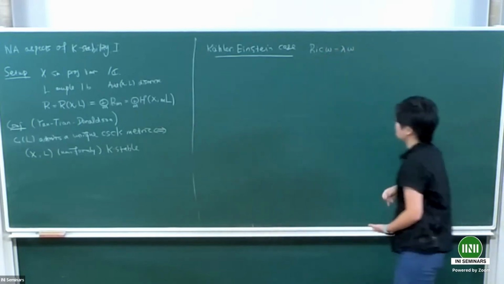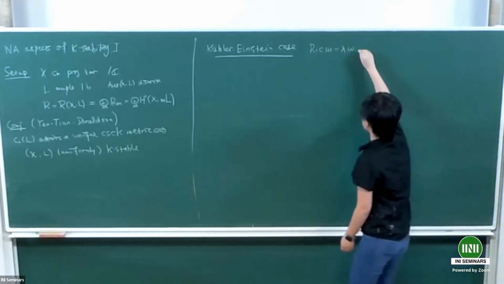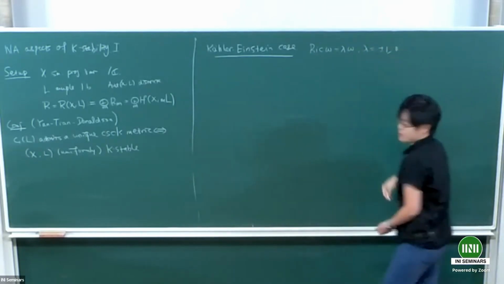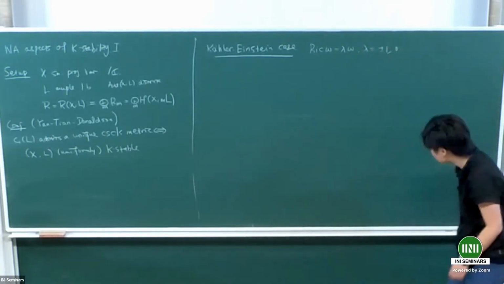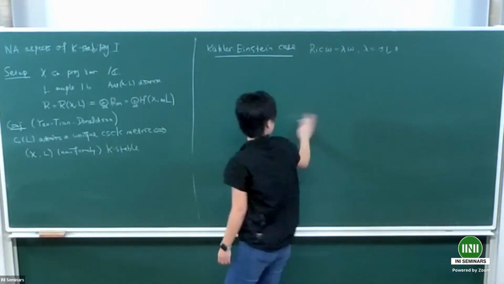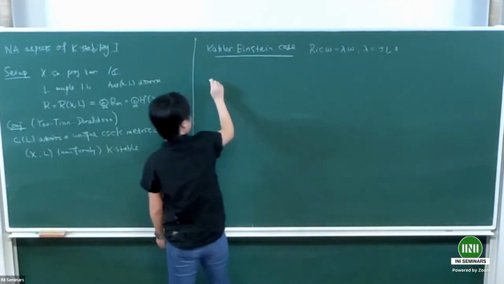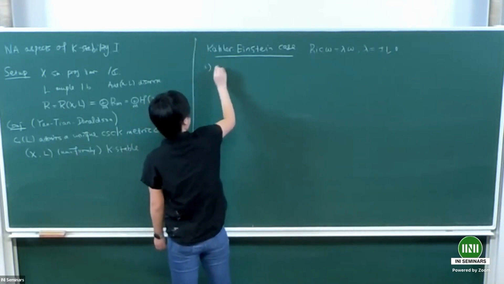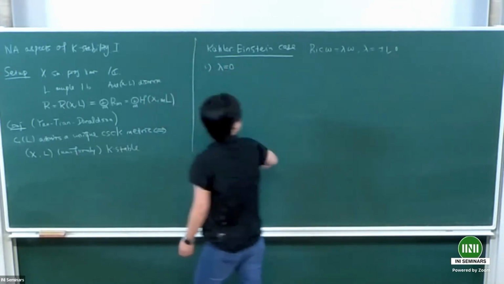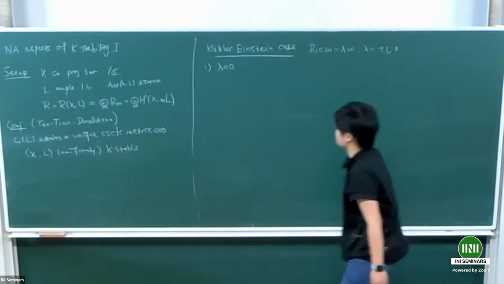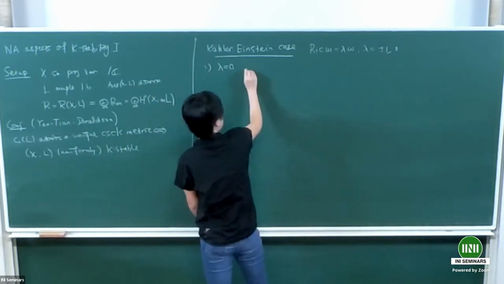So this is the equation, and up to normalization, you can assume lambda to be plus or minus 1, or just Ricci flat. Now, according to the history, the first case that was resolved was the case when lambda equals 0. This is the Ricci flat case, and this is Yau's theorem.